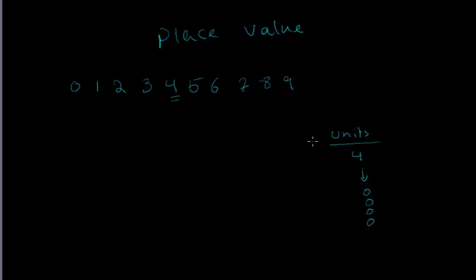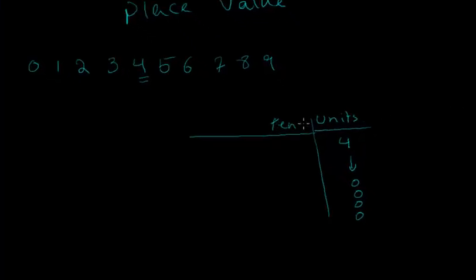But what if we have more than 9 items? Let's say we have 14 items. What do we do now? When we have more than 9 items, we start another column, the tens column, and we write down how many tens we have, followed by how many ones.